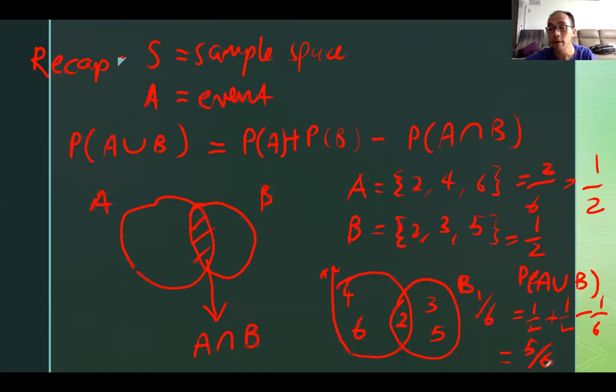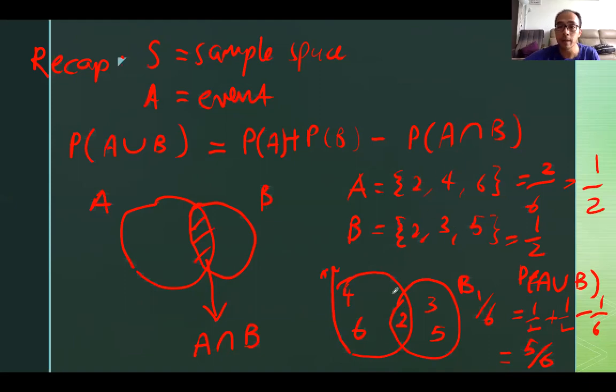Let me just double check. Yes, it should be 5 over 6. So that's the probability of getting A or B, because there are 1, 2, 3, 4, 5 outcomes.